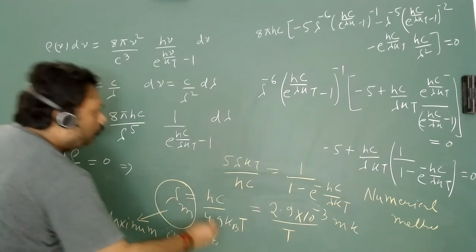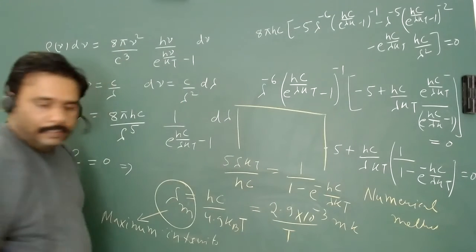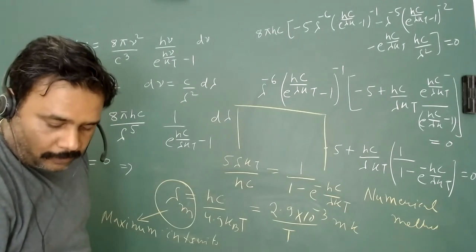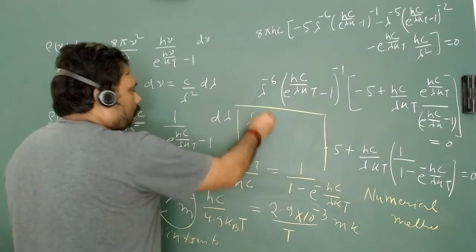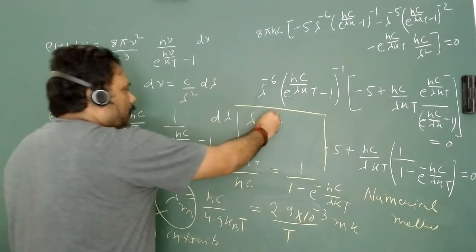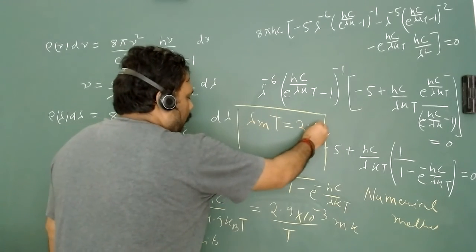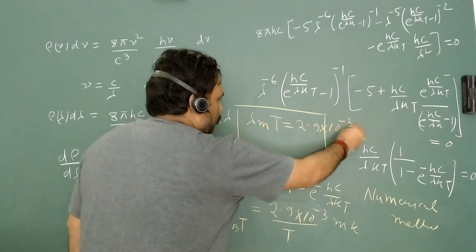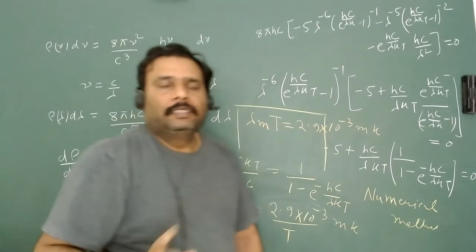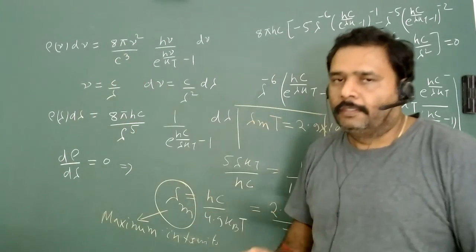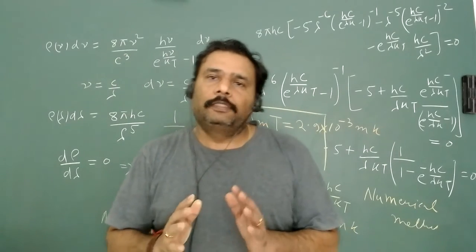So we have one particular expression that is very well known as Wien's displacement law, and it tells you that lambda m, the wavelength corresponding to maximum intensity, into T is equal to about 2.9 into 10 to the power minus 3 meter Kelvin. So we can find each and everything from Planck's distribution law. Planck's distribution law is a complete theory for black body radiation.